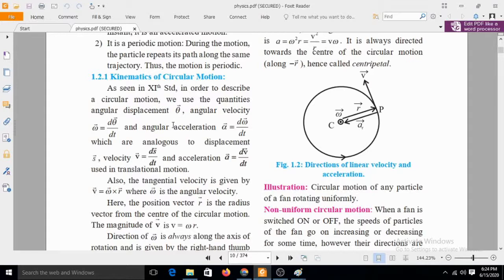In 11th standard we also described circular motion, with quantities like angular displacement and angular velocity, so once again we will recall these things.